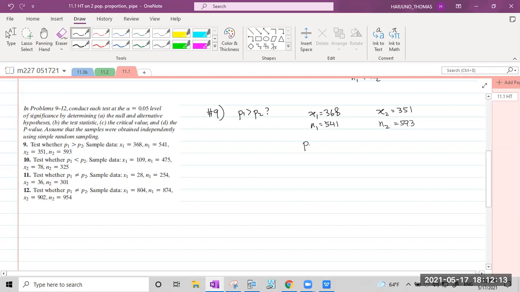So p1 hat is 368 over 541. I will use my calculator. 368 over 541 is 0.68022. And p2 hat will be 351 over 593.